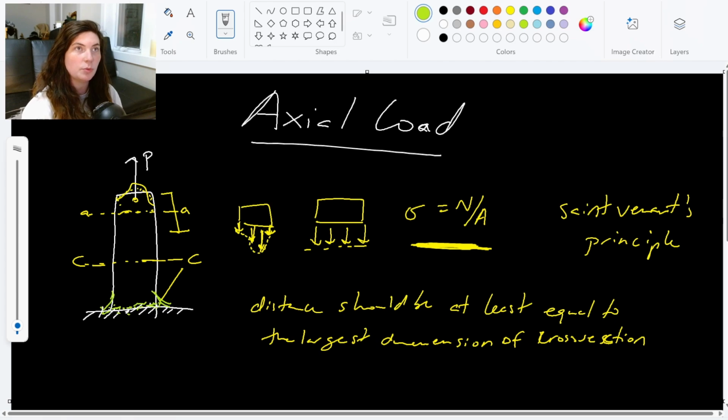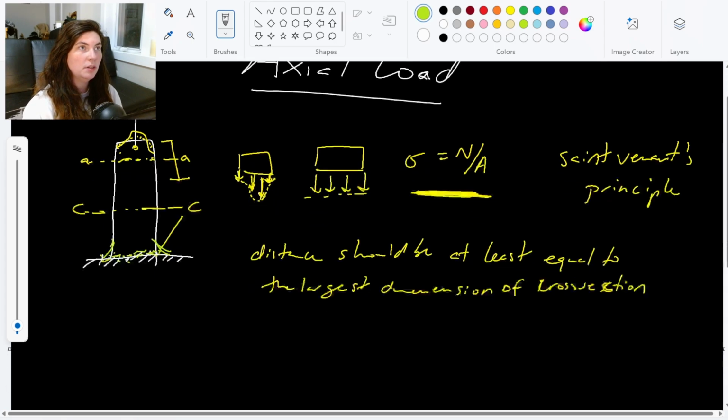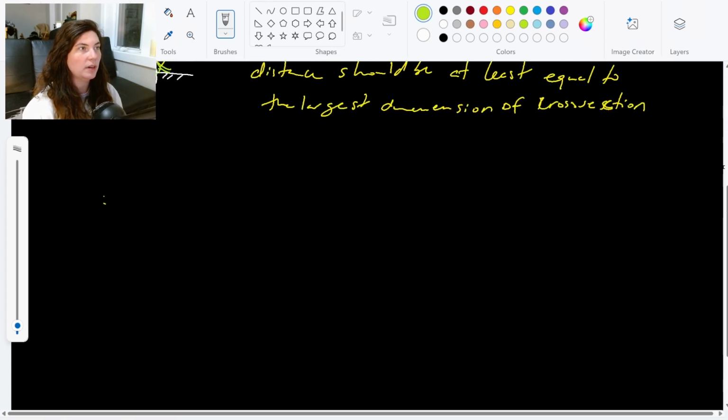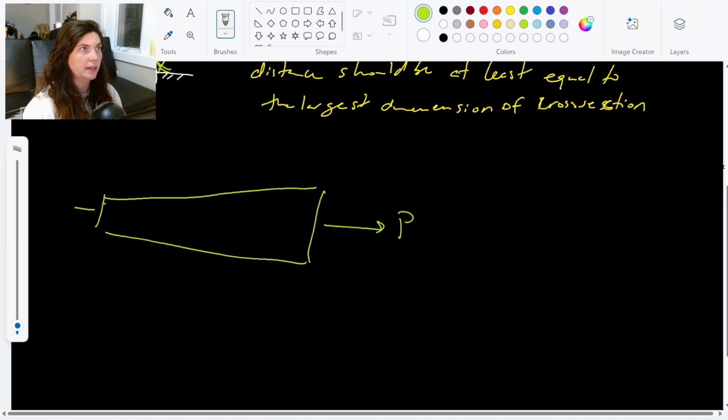So because of this, when we go to look at axial load, let's look at something that's loaded axially. Maybe it has some irregular shape here, and it has this loading on it. Loading P, length of L, has this loading all throughout it.